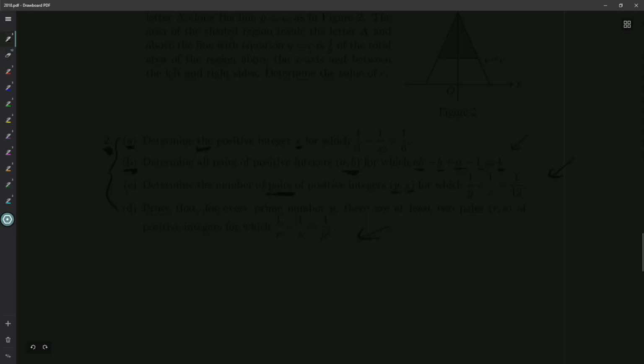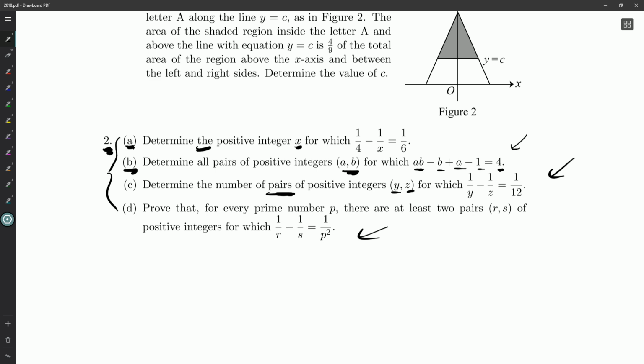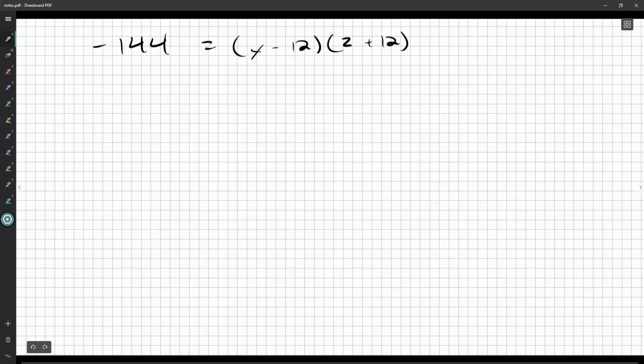Okay, and then did we want positive integers? We want positive integers, y and z, that work this way. So one factor must be negative, another must be positive.